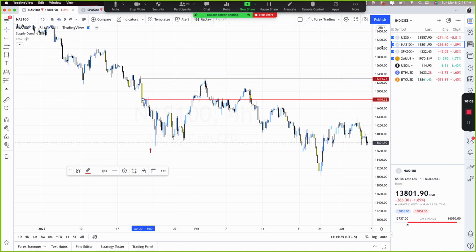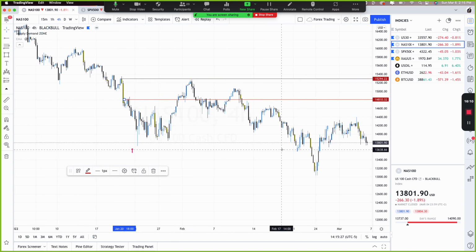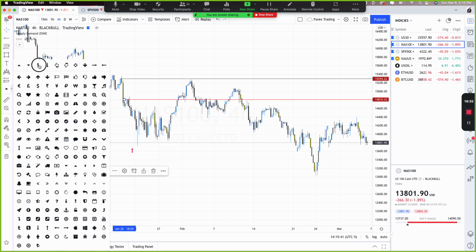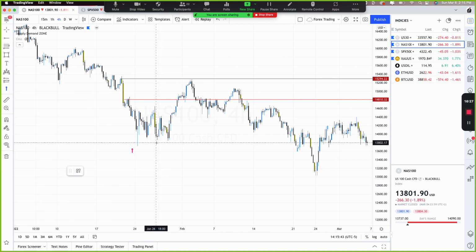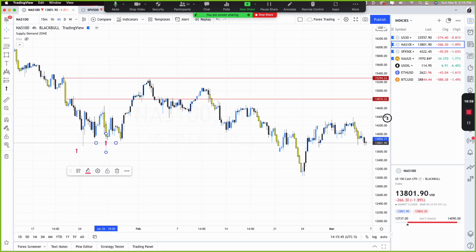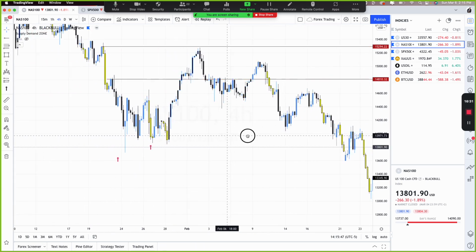Now, if you've been on any of my sessions, I tell you to look for evening stars and morning stars. Morning stars is when you see patterns that look like this. Let me make this bigger so you can see it.